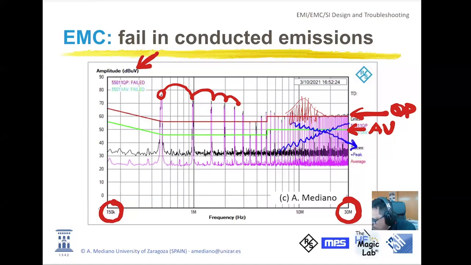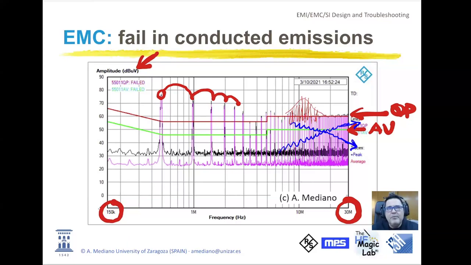That is because if you are below the limits, you are complying, but if your emissions are increasing when you go to the 30 megahertz or the 100 megahertz frequency, you are complying with conducted emissions, but you have more probabilities to fail later in radiated emissions that start at 30 megahertz. If you pass conducted emissions going down, when you approach 30 megahertz, you have more probabilities of not having problems in radiated emissions.